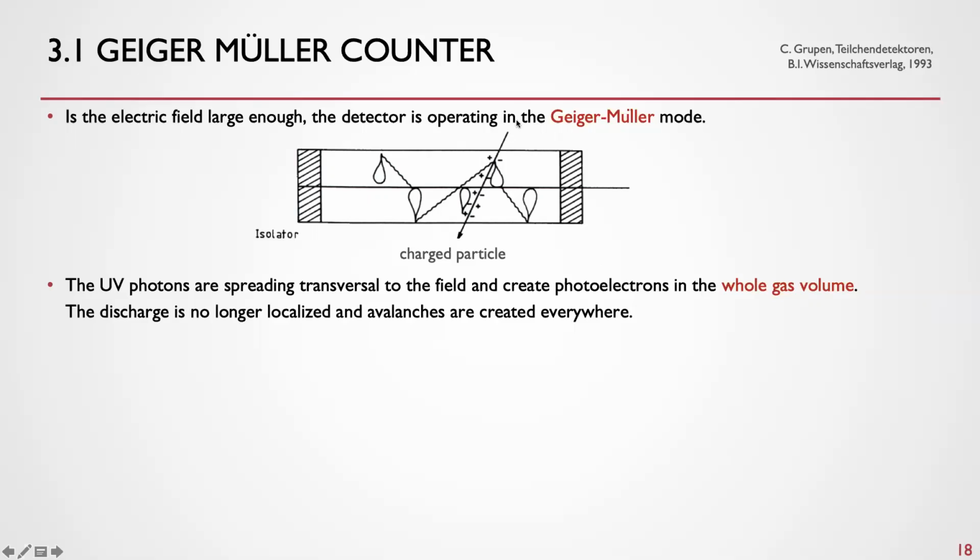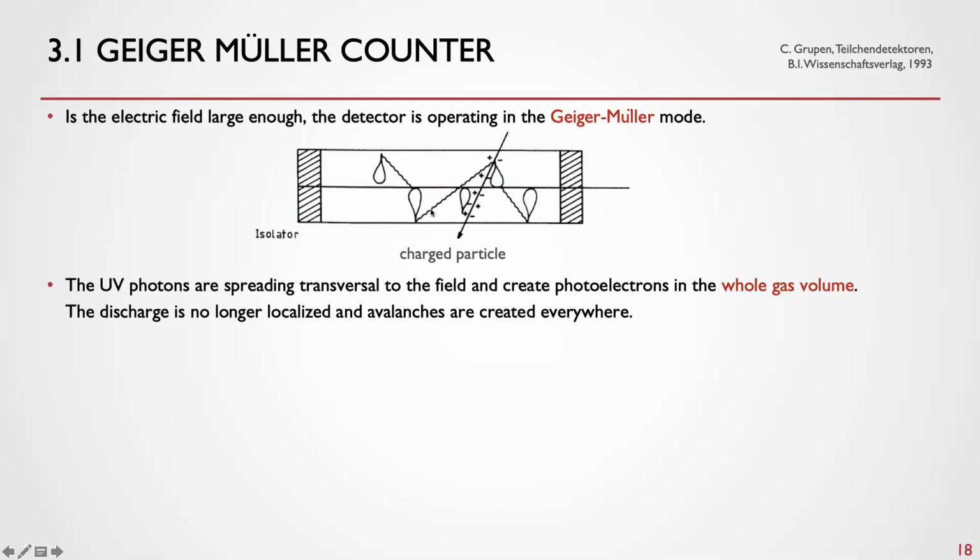So a charged particle goes through, causes an ionization signal. The ionization signal produces a streamer, so an avalanche forms and extends. And because of recombinations, photons are created. We've discussed all these aspects.